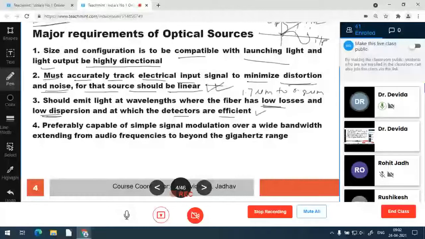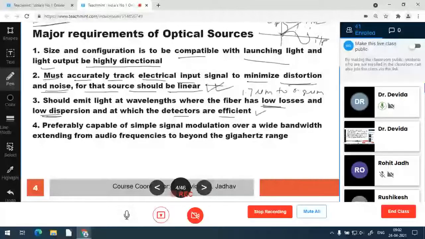So whenever we are sending the optical energy, the modulation is there on the carrier. So some signal variation is there, and that signal variation is to be transmitted as the information. Whenever the central wavelength is there, that wavelength is transmitted as a carrier.